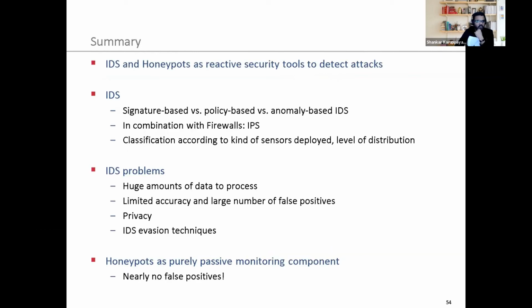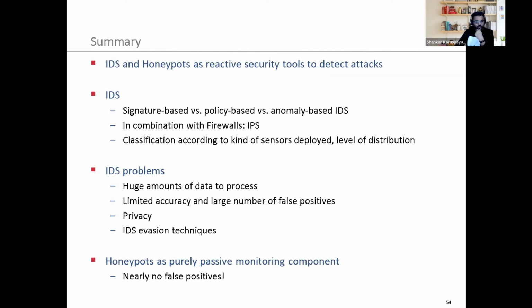Okay, so to summarize, IDS and honeypots are reactive security tools to detect attacks. For IDS, we have signature policy versus anomaly-based IDS, often implemented in concert with firewalls or IPS.